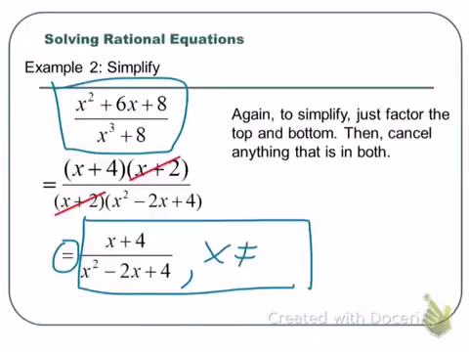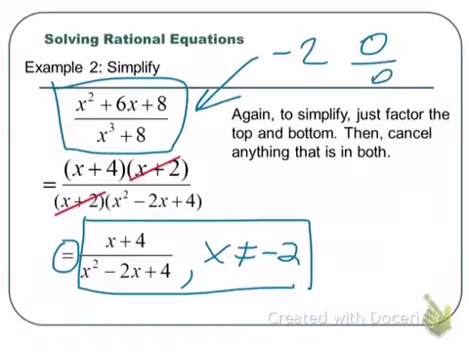Negative 2. Because if I put negative 2 in up here, I get 0 over 0. If I put negative 2 in there, I do not get 0 over 0. I'll get a perfectly good number. So I have to qualify this equal sign by excluding this value for x.